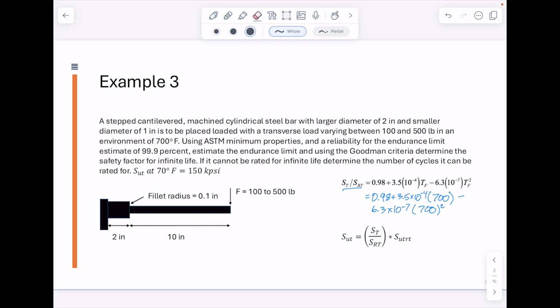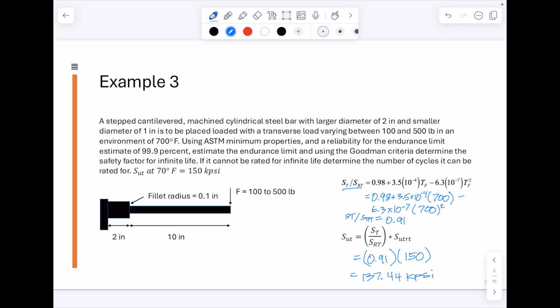And now that will equal our ST. Our ST over RT is going to be equal to 0.91. So our new estimate for the ultimate strength is going to be 0.91 times our ultimate strength at room temperature, so 150 kpsi, and that will give us a new estimate of 137.44 kpsi for our new ultimate strength at that elevated temperature.